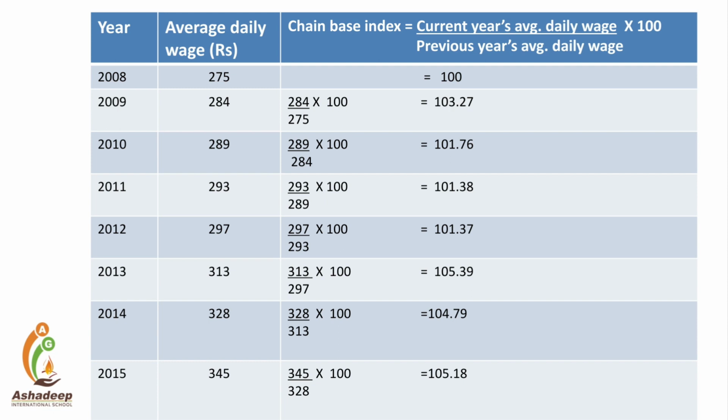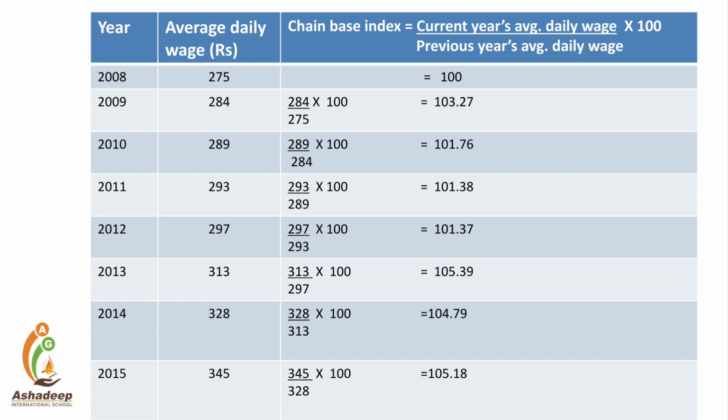From the 2009 now you have the preceding year for every current year. If we want to find index number for 2009, then which year becomes your preceding year? Yes, 2008. So here you have the value of current year, that is 284. You also have the value of preceding year, that is 275.